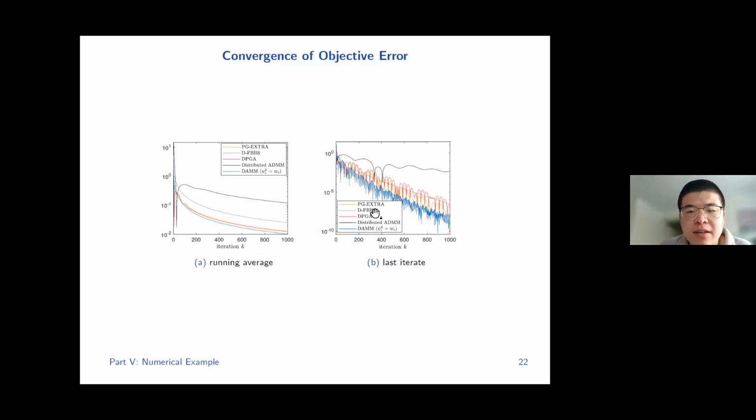From these two figures, we can see that both the running average and the master iterate of the specialization of our algorithm converge faster than the other algorithms. And the master iterate converges much faster than the running average. However, the curve of the running average is much smoother than that of the master iterate.